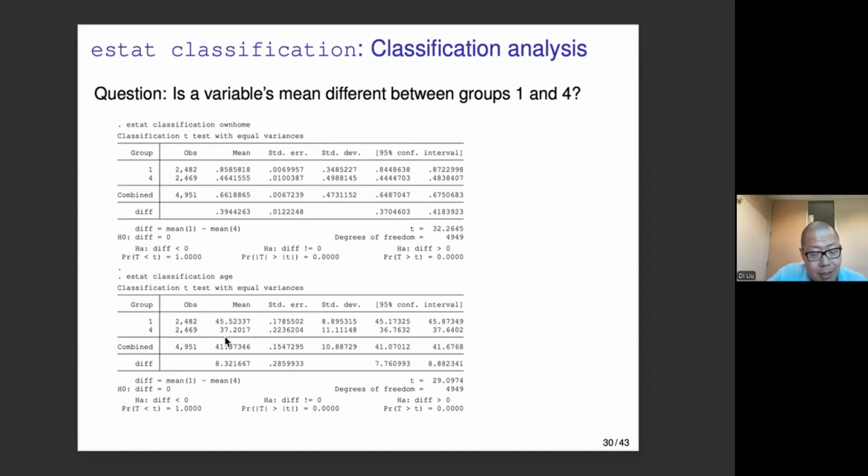So these two tables mean that people in group 1 tend to be older and more likely to own a home. In contrast, people in group 4 are younger and have a smaller probability of owning a home. In these ways, the data tells us the characteristics of the groups such that these groups have different treatment effects. So this is classification analysis.